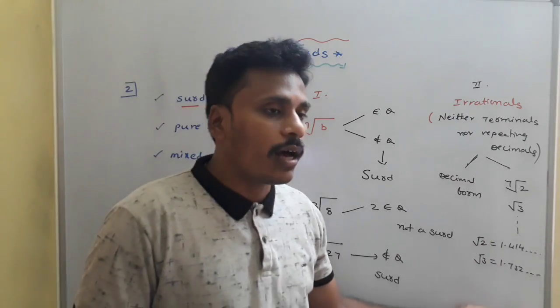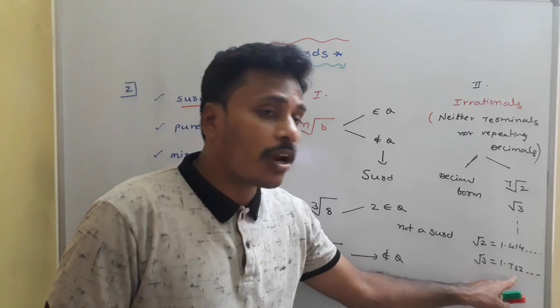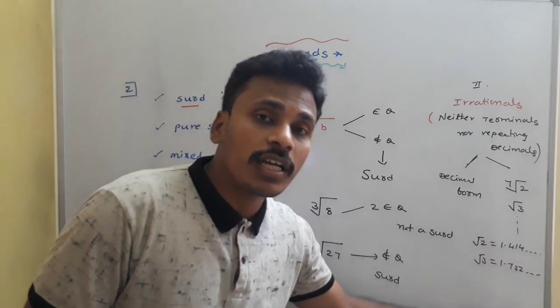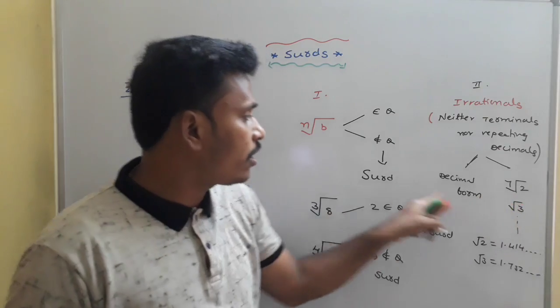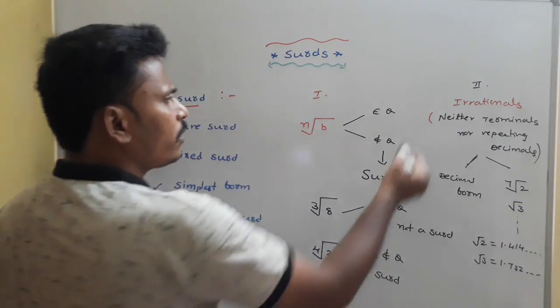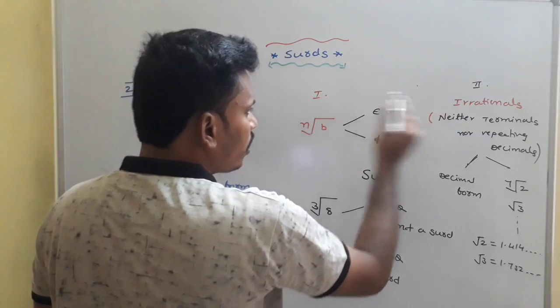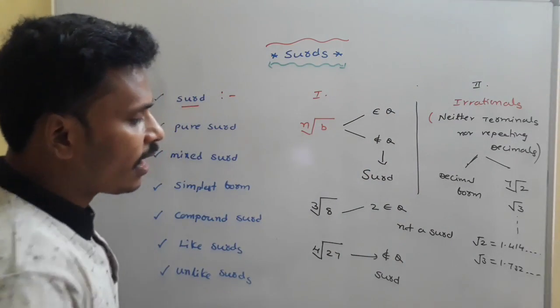So all these are neither terminating nor repeating decimals. So we consider these as irrational numbers, but since these are of the format nth root of b, they are also considered as surds.